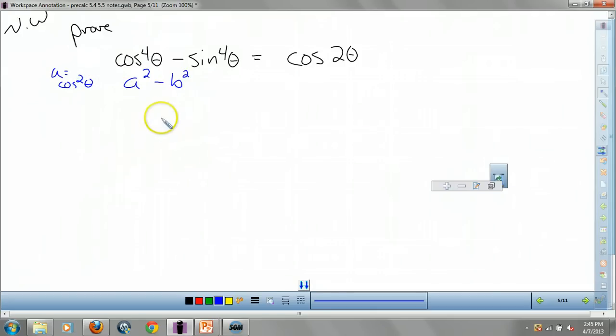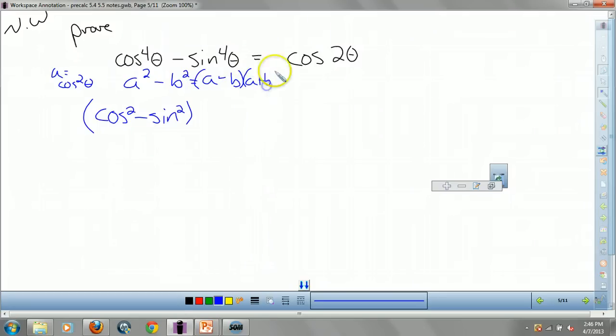So I could break this apart into cosine squared minus sine squared, equals a minus b times a plus b. Have you guys noticed that this comes up all the time? Because it does. Cosine squared minus sine squared times cosine squared plus sine squared. Ta-da!